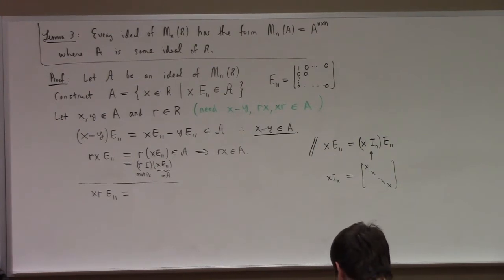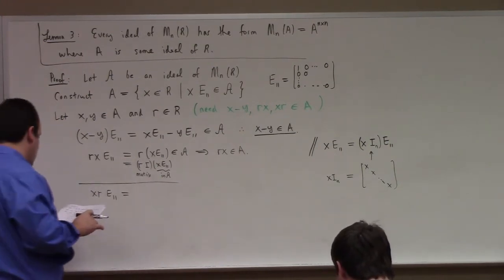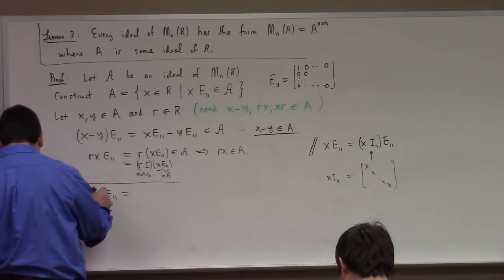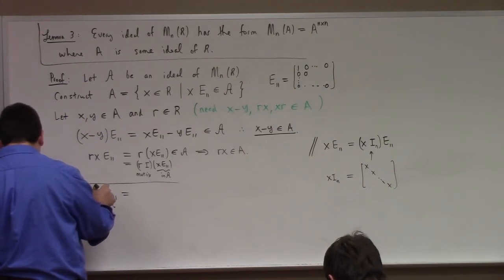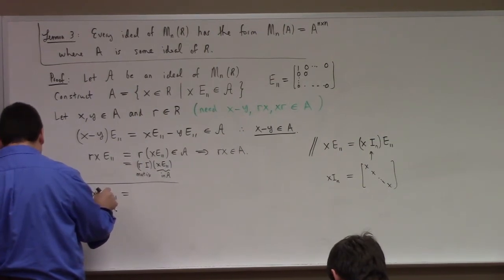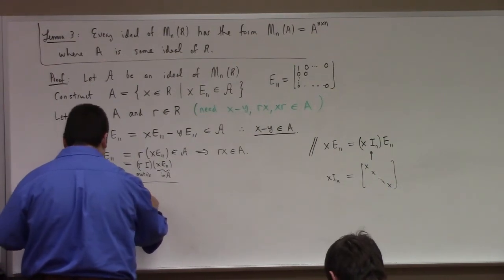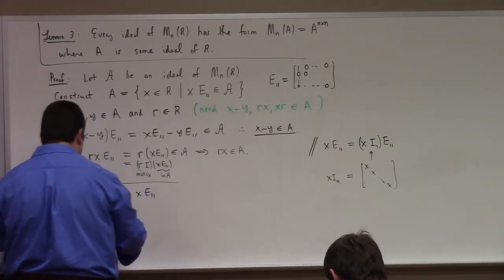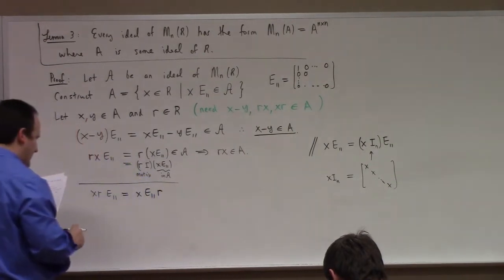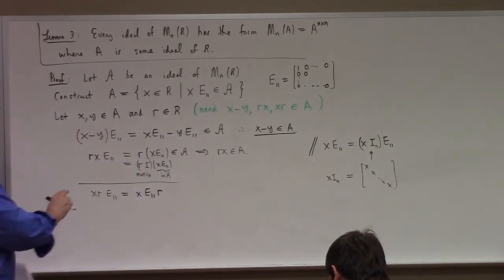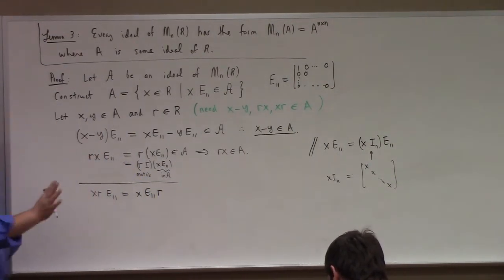So XR is equal to x E11 times r, right? The point is that r commutes with E11. That was what you were telling me a second ago.